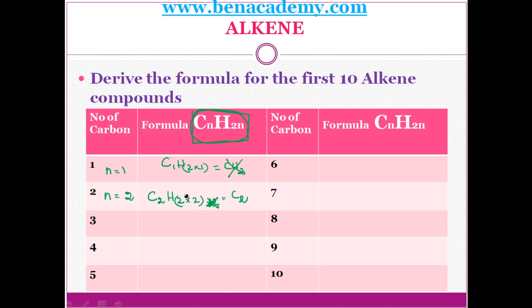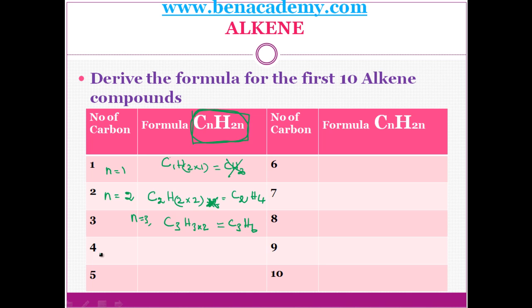That is for alkane. For alkene it should be exactly 2 times of that. So 2 into 2 is 4. C2H4 is the formula. Okay, if the number of carbons is 3, now we can go fast. Then C3H, 3 into 2 is 6. Therefore the formula is C3H6.